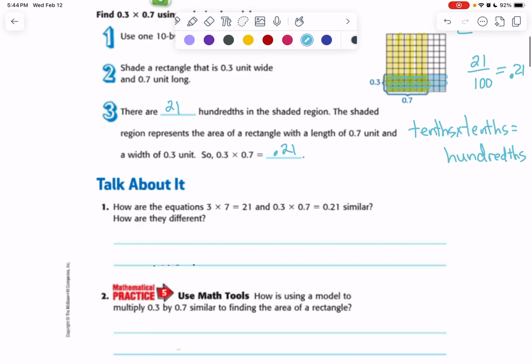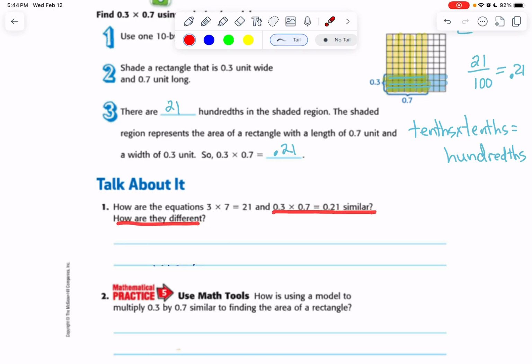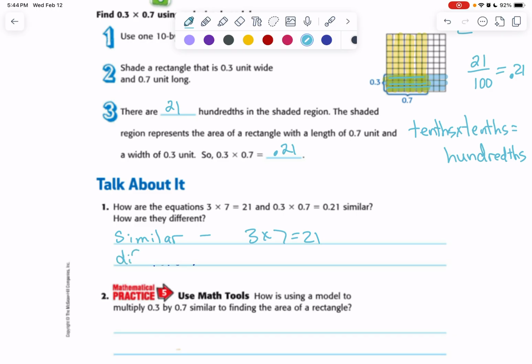So let's think about this here. How are the equations 3 times 7 equals 21 and 3/10 times 7/10 equals 21 hundredths similar? And how are they different? Well, what's similar? They both involve the multiplication fact 3 times 7 equals 21. What's different?